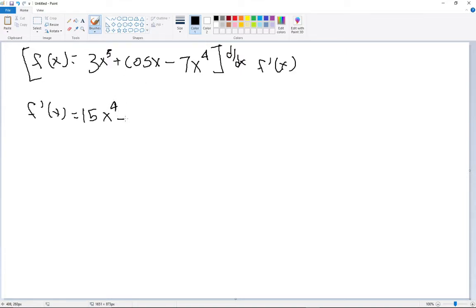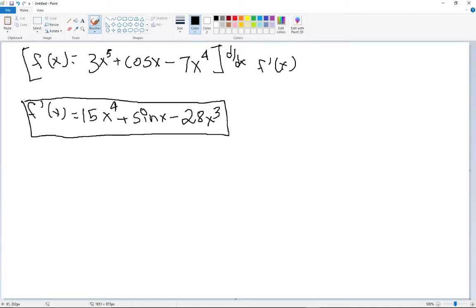And plus the derivative of cosine, which is actually negative sine of x, minus 28x to the third. So that will be your answer for basic differentiation. It's pretty much easier in concept, but let's go with a little tricky problem.